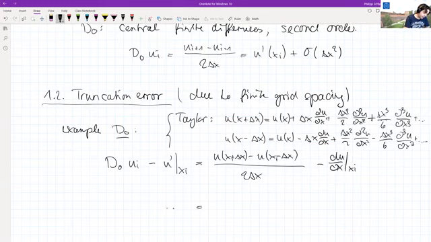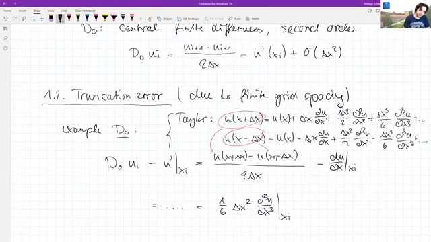And if I do that calculation, which is not very difficult really, it's just taking this expression, putting it here, this expression, and putting it here, and then essentially seeing which terms disappear. The result will be 1/6 of delta x squared times d3u dx to the power of 3 evaluated at xi, plus some higher order terms.